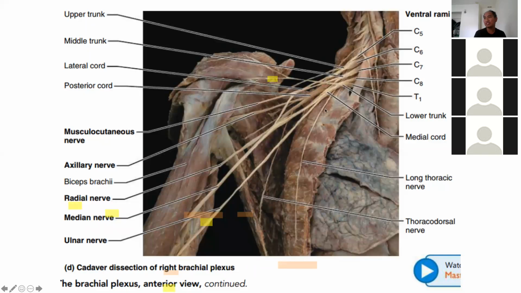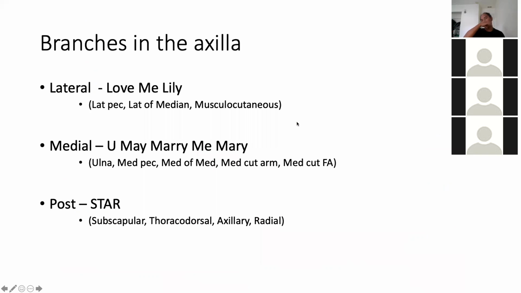And now we can see the C5, 6, 7, 8, T1. Look at that, the way they divide and split, and finally become these spinal nerves. So we need to remember to some extent, at least.